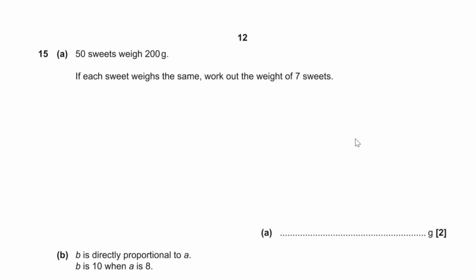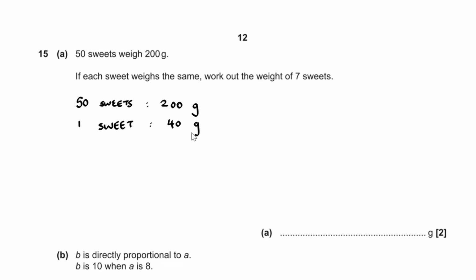Question number 15. For part A, 50 sweets weigh 200 grams. If each sweet weighs the same, we have to work out the weight of 7 sweets. Well, first of all, we can find the weight of one sweet. If 50 sweets weigh 200 grams, then 1 sweet will equal 200 divided by 50.